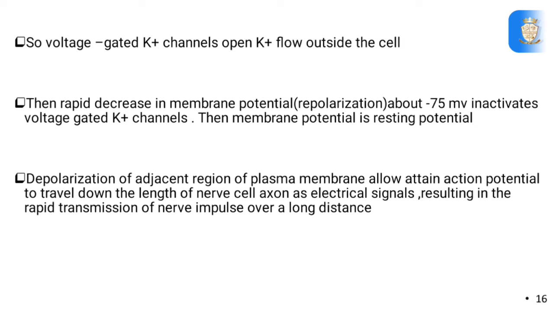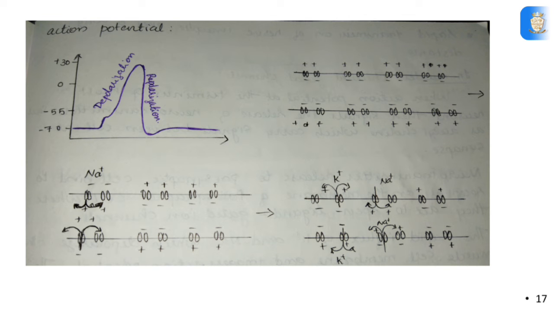Repolarization and depolarization of adjacent regions of the plasma membrane allow the action potential to travel down the length of the nerve cell axon as electrical signals, resulting in rapid transmission of nerve impulse over a long distance. This is the action potential, depolarization and repolarization, by which electrical signals are transmitted through the axons.